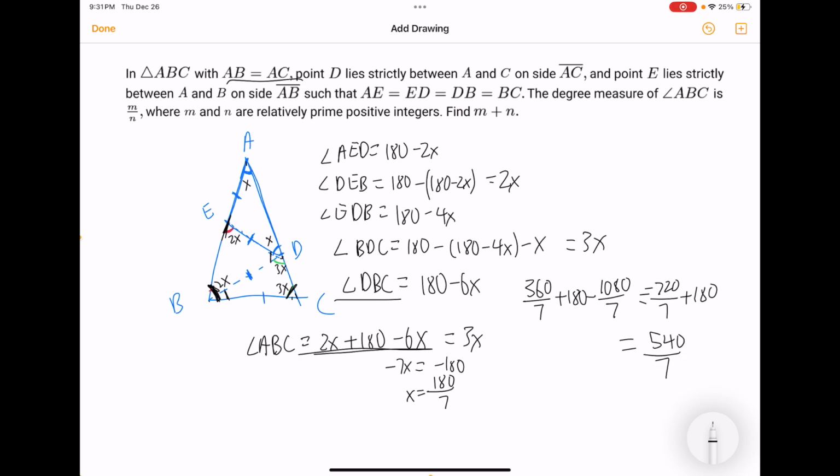Okay, so this is equal to m over n. And now all we have to do is add up 540 plus 7, which is 547. So that is your answer.